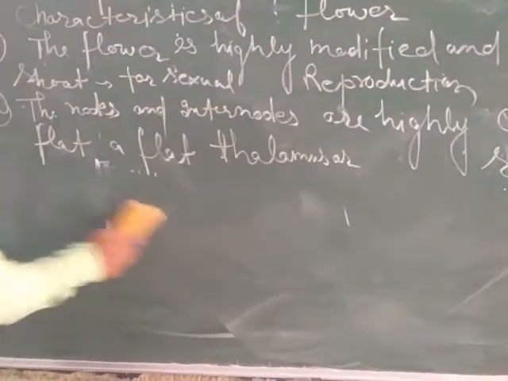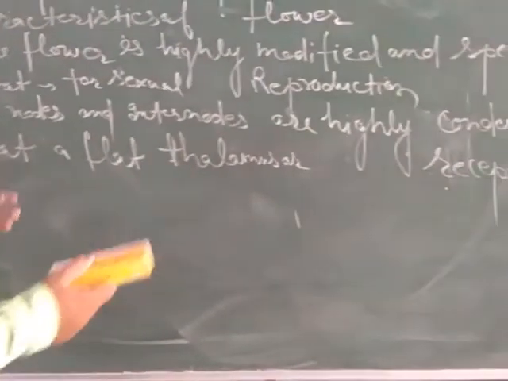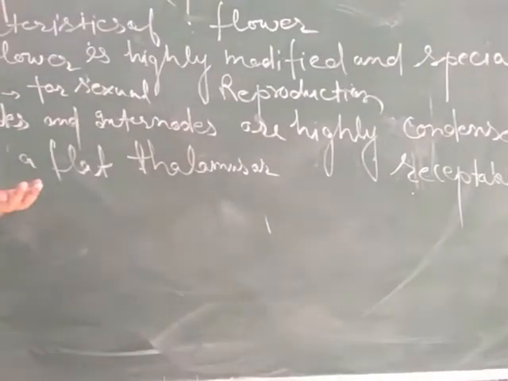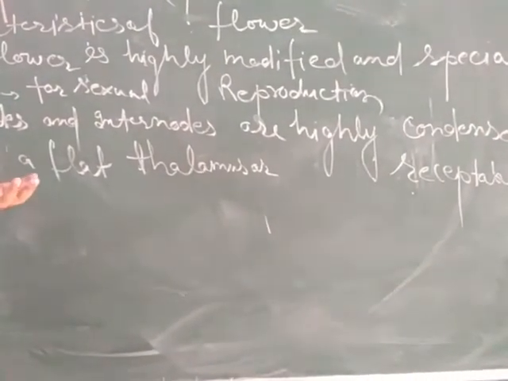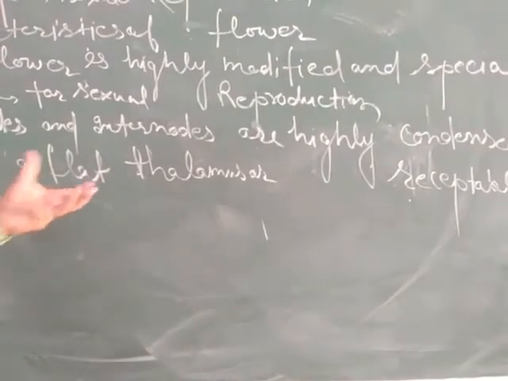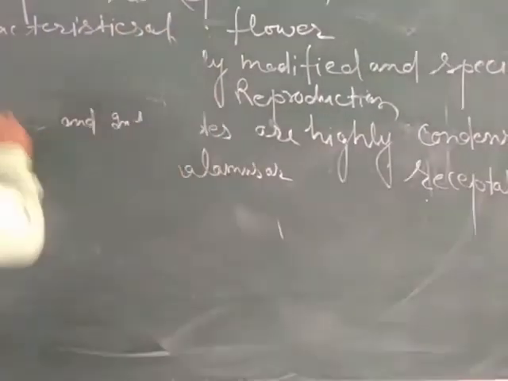These nodes and internodes condense to form the thalamus, which is the chief part of the flower in which all floral parts like sepals, petals, calyx and corolla lie. That is called the receptacle.